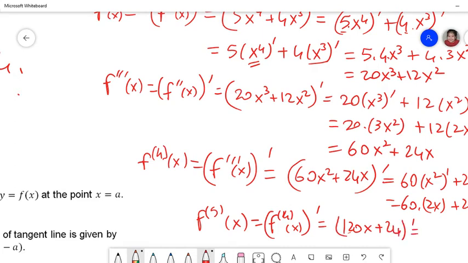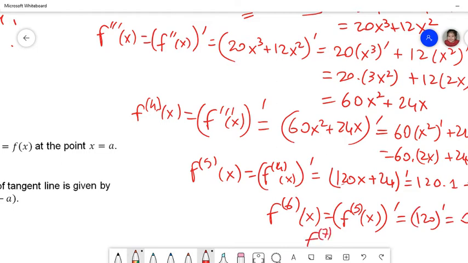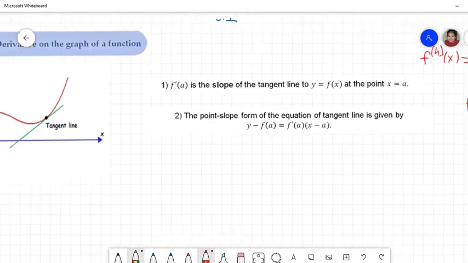Its derivative will be 120 times the derivative of x, which is 1. The sixth derivative will be the derivative of the fifth derivative, which is 120, then 0. When we get to 0, the seventh, the eighth, and the others will all be equal to 0 because we reached the constant.